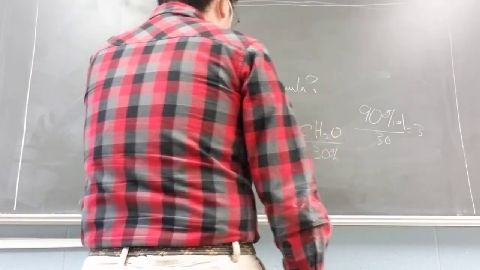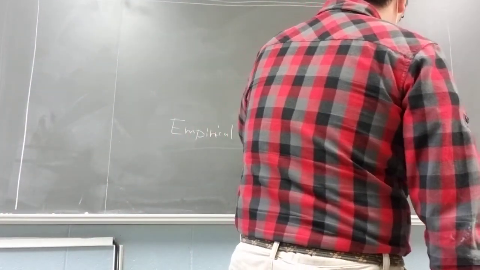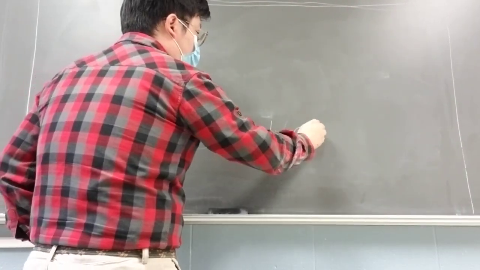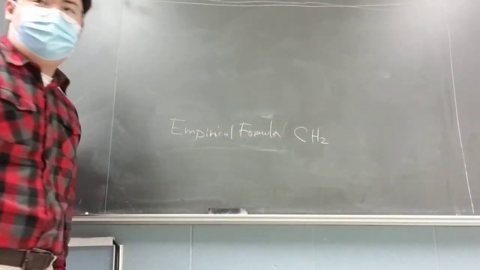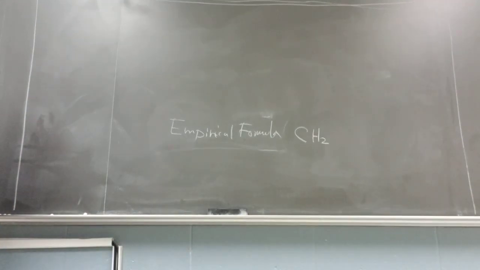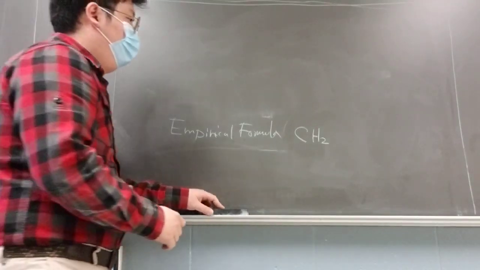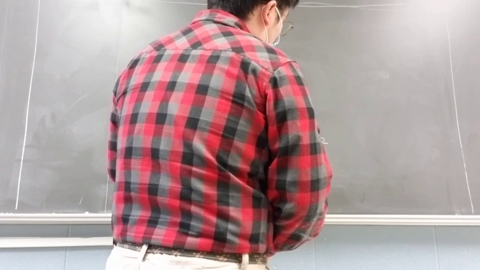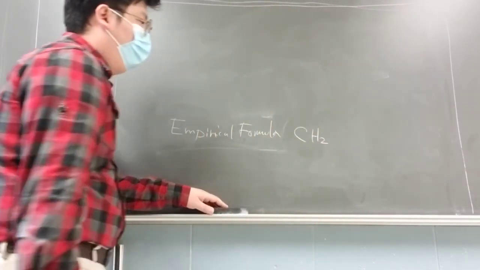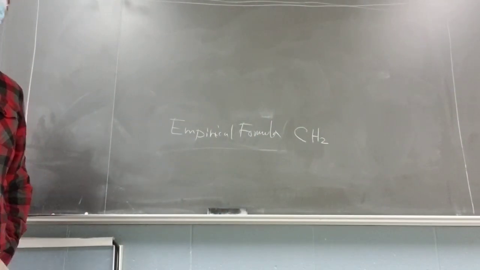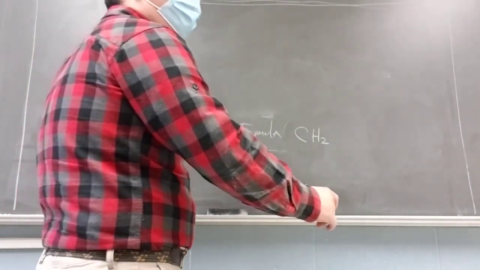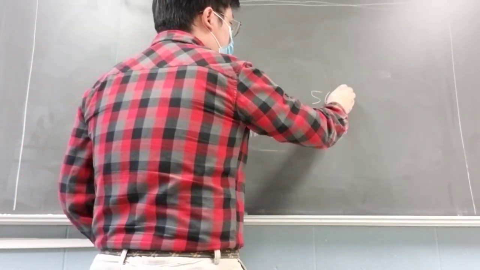So how about this: the empirical formula is just CH2. Okay, just this CH2. Let's do it that way. CH2, and then the molecular weight of this one is 56.